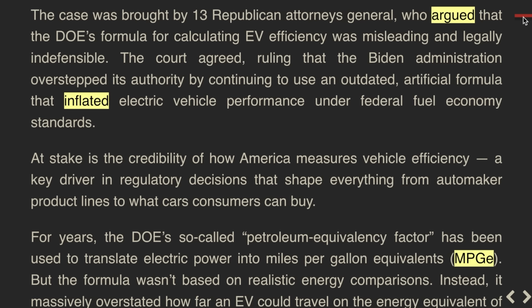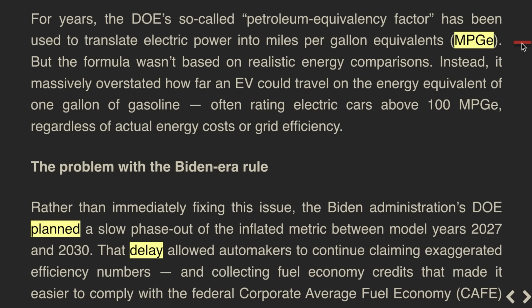The people who brought the case were arguing that the DOE's formula for calculating EV efficiency was misleading and legally indefensible. The DOE's petroleum equivalency factor, what many of us have seen as the miles per gallon equivalent. They argued this system meant EVs would end up above 100 mpge regardless of actual energy costs or grid efficiency.